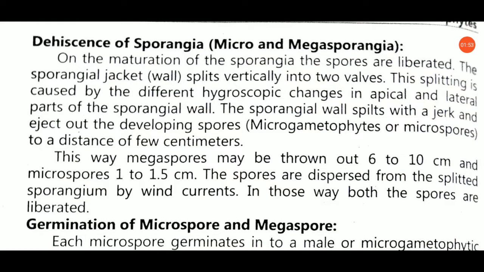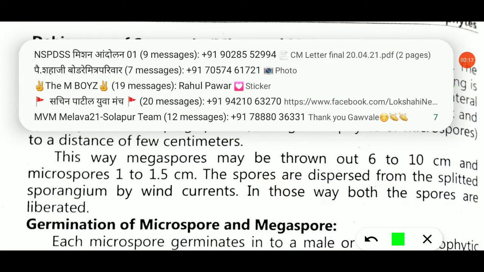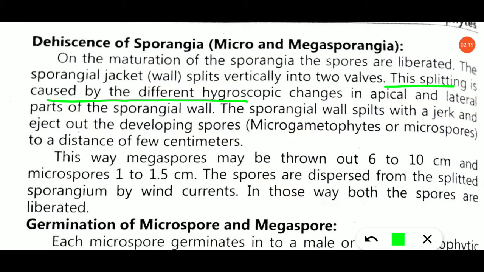We already know that the jacket wall has two layers, and inside this jacket wall a hygroscopic change takes place. Hygroscopic change means absorbing air or moisture from the environment. When this happens, there are changes in the cell wall pressures, and the pressure exerted on the cell wall causes it to rupture.